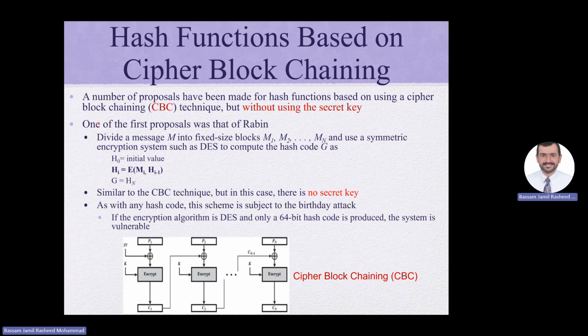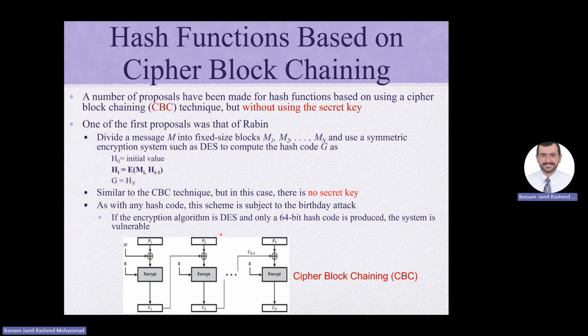All right. Similar to the CBC technique, but what we stress is that there is no secret key. We don't use a key here because one of the principal things about a hash function is that it does not require a key. As with any hash code, this scheme is subject to the birthday attack.